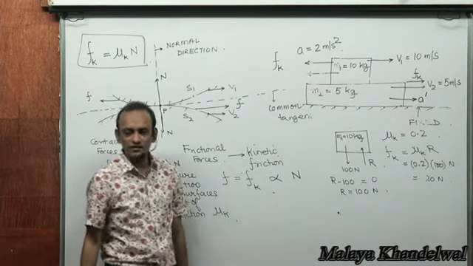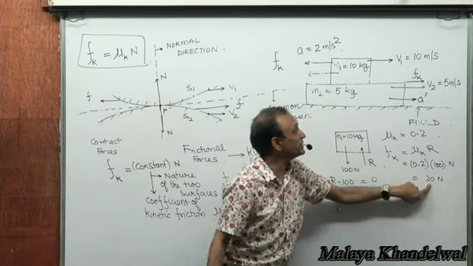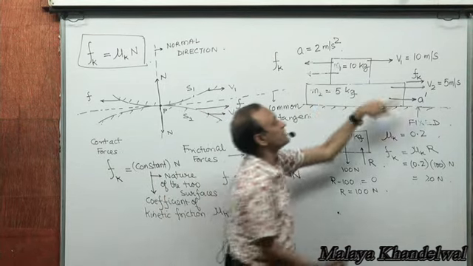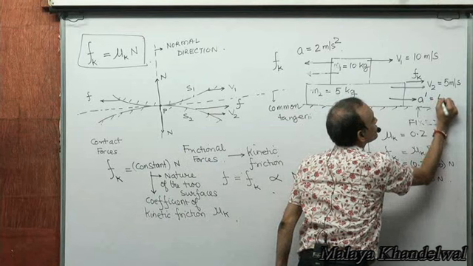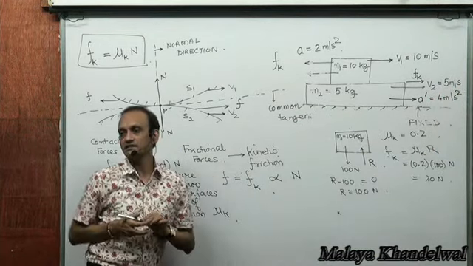How does one compute it? Fk divided by mass m. Fk is 20 newtons divided by mass 5, which is 4 meters per second squared, the acceleration of this.